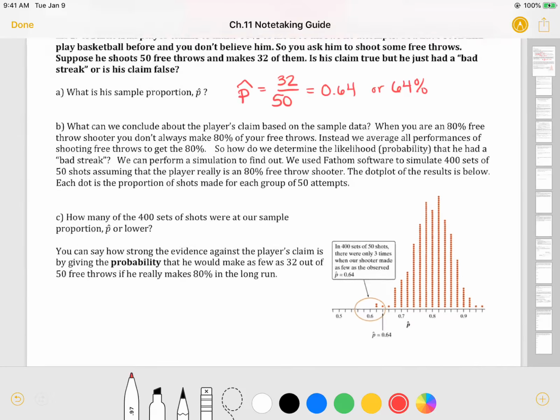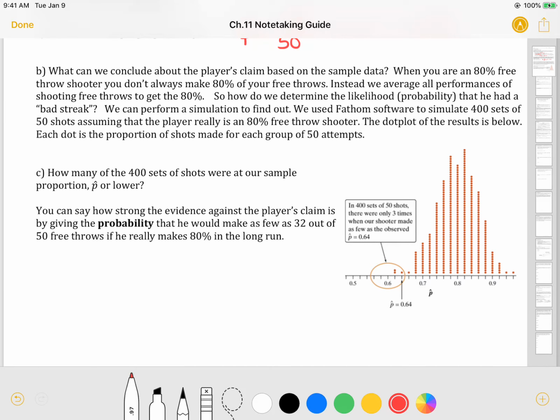Okay? So what we have here is a graph that represents a sampling distribution of sorts. The details of this sampling distribution are that we have 400 simulations of shooting 50 shots, if in fact this person is an 80% free throw shooter. So we've made this person line up and shoot 50 free throws a total of 400 times.